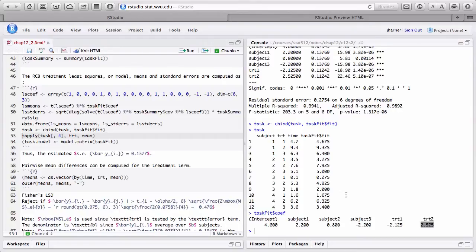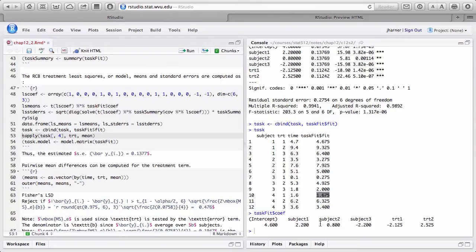And the way that we could get the model means for the first treatment is to add the fitted values for the first treatment and divide by 4.